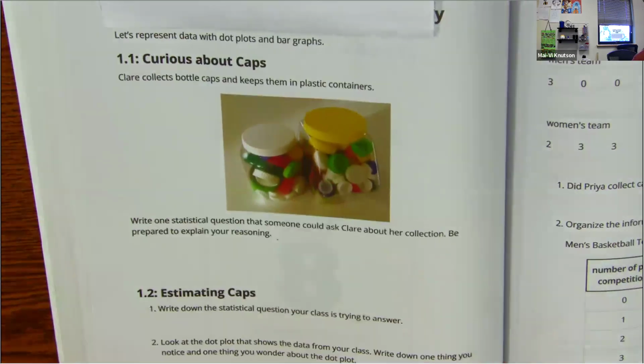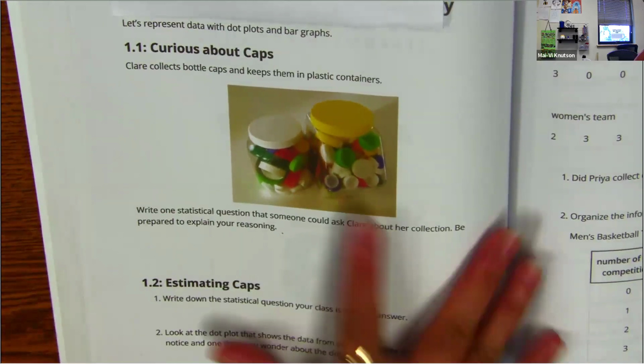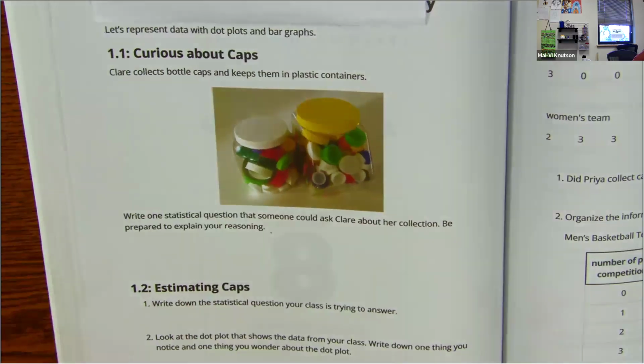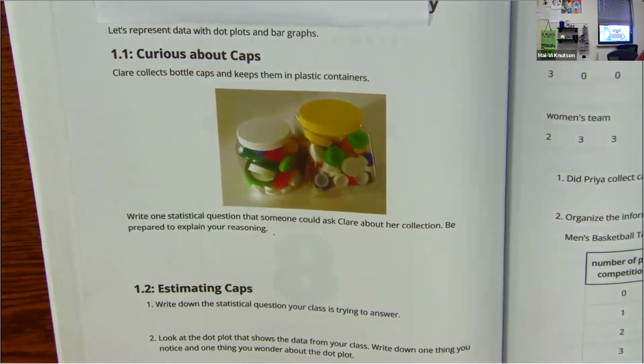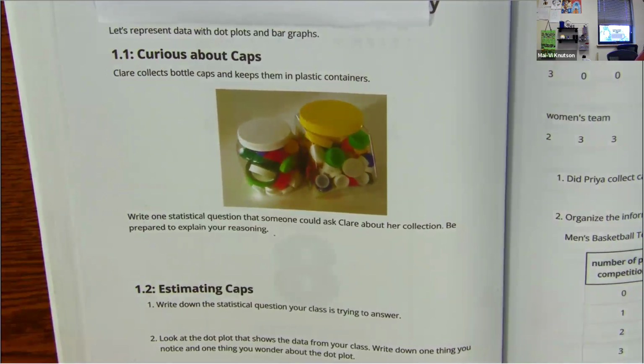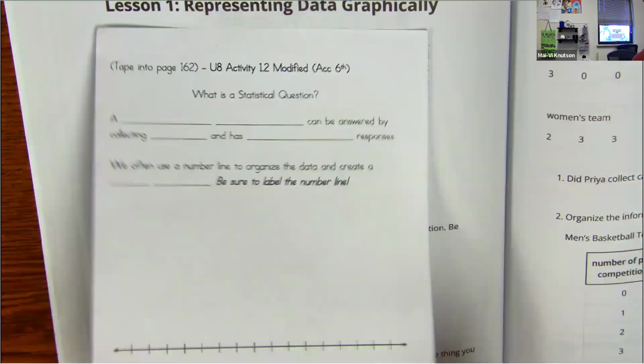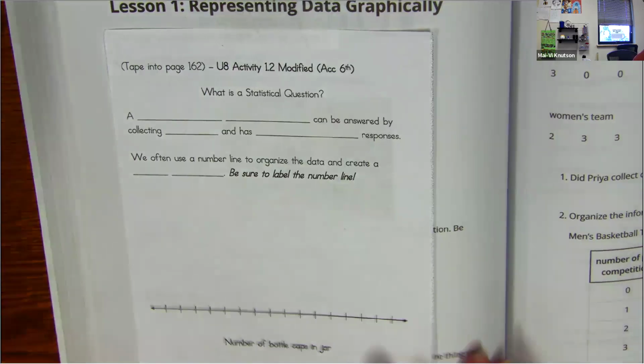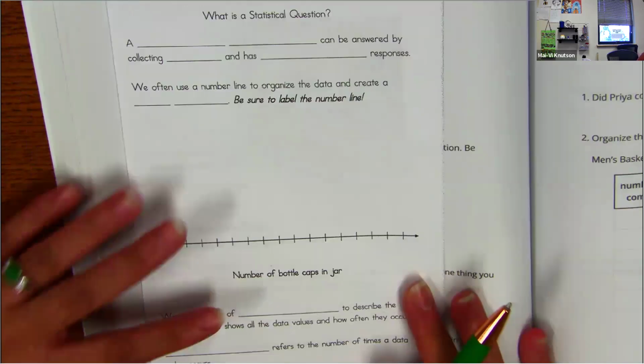Okay, so right here, you guys have a picture with some bottle caps. And what I asked my students to do is guess how many bottle caps are in those plastic containers. Well, this is the data we got last year. So I want you guys to fill out this data. We're going to number this number line.